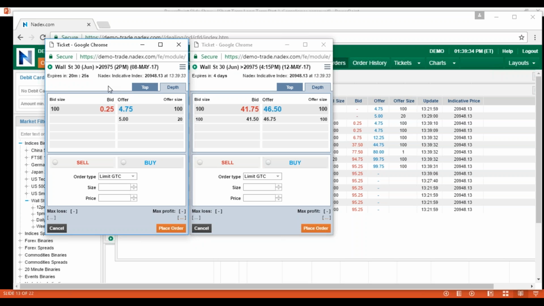A lot, right? Everybody knows that. It can move more than that. So when I've got 4 days, a lot can happen in 4 days, right? So my pricing is going to be a little bit different when I've got 4 days for it to move that much. Does that make sense?